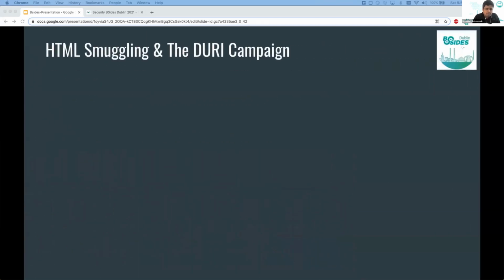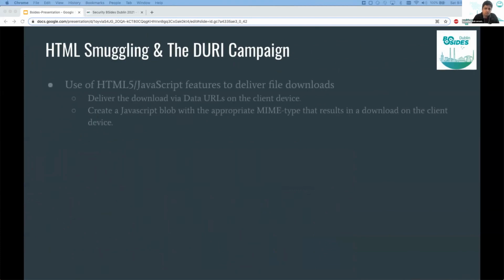So the first technique that we want to talk about is called HTML smuggling. This is a pretty straightforward technique which makes use of HTML5 and JavaScript features to actually construct a payload entirely on the browser side or the client side.